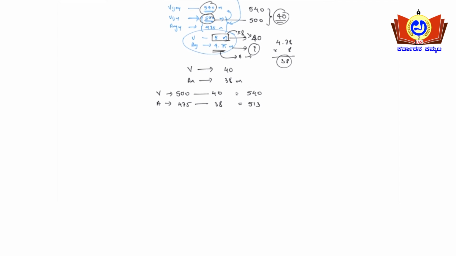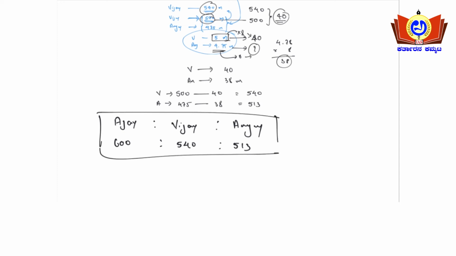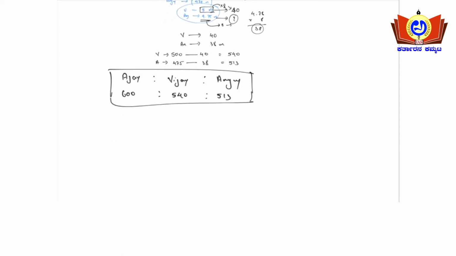Therefore Ajay is to Vijay is to Anjay, 600 is to 540 is to 513. This is nothing but, when Ajay is traveling 6 meters, Vijay will be traveling 5.4 meters and Anjay will be traveling 5.13 meters. What the question says is, how many meters does Ajay beat Anjay in a 400 meters race.